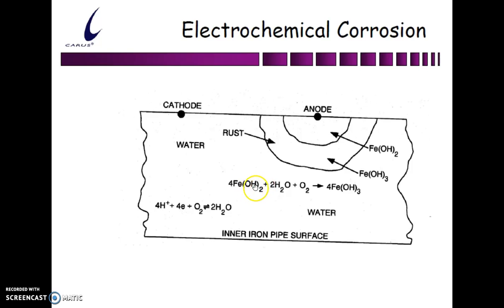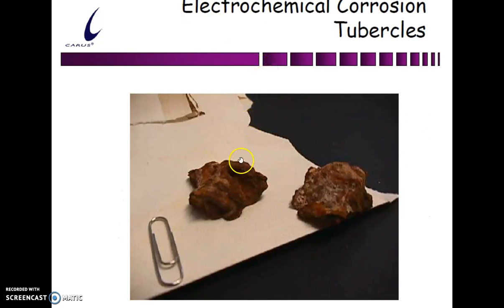It reacts with the hydroxide in water to form rust. So you get this what we call tubercle or rust coating on the inside of the pipe at different points. That's why you'll see it at one point and you won't see it somewhere else. It'll be like bumps on the inside of a pipe. Here are some examples of some tubercles or chunks of rust that react.